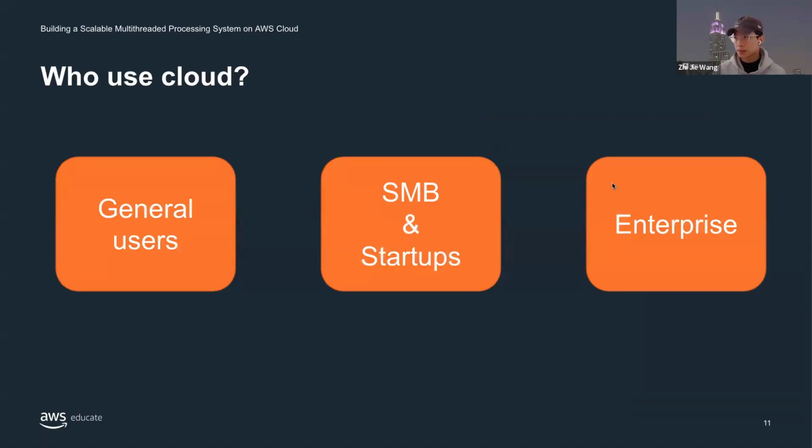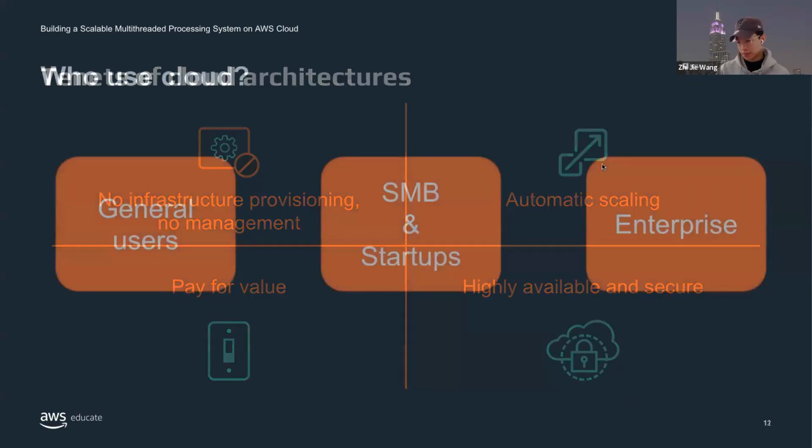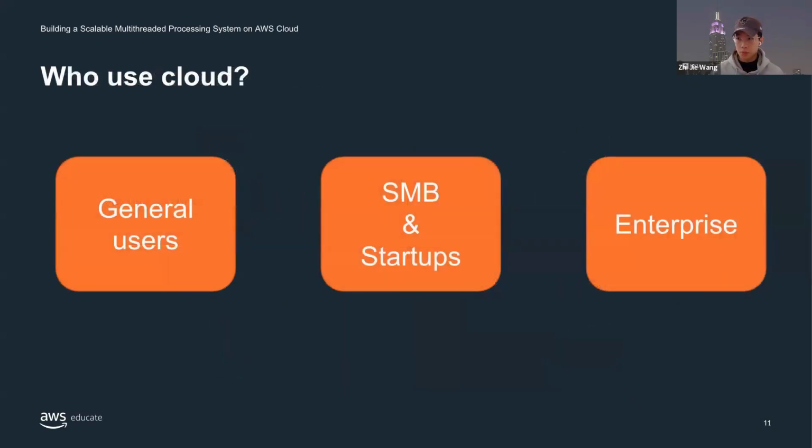Okay, so next is who uses cloud computing. There are a lot of different usages across the globe, which include general users, small businesses and startups, and also enterprise-level usage. There are some well-known AWS users, such as Netflix.